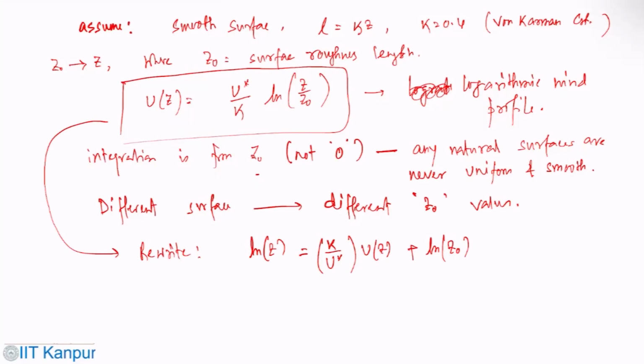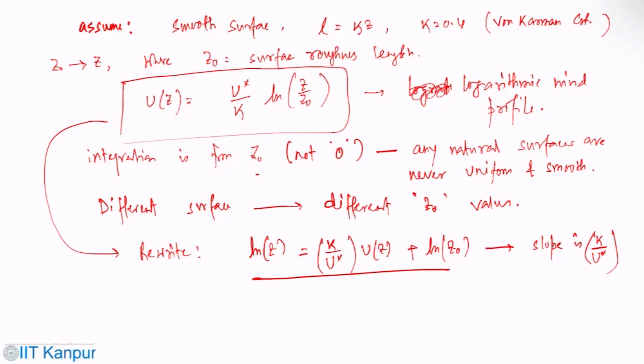This is what can be plotted on a semi-log graph, and the slope is kappa by u star. From a graph of experimental data, u star and z naught can be calculated.